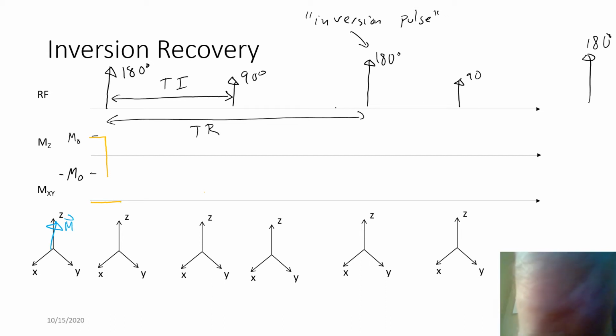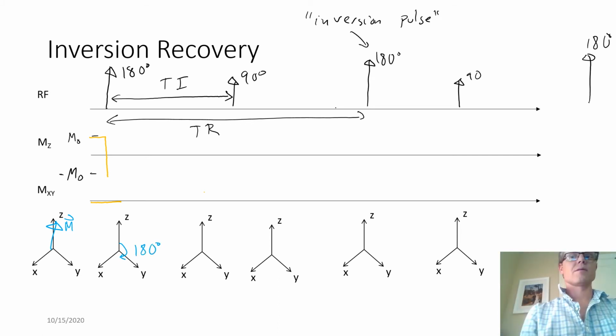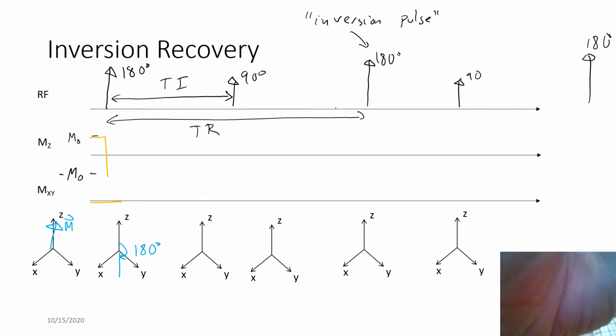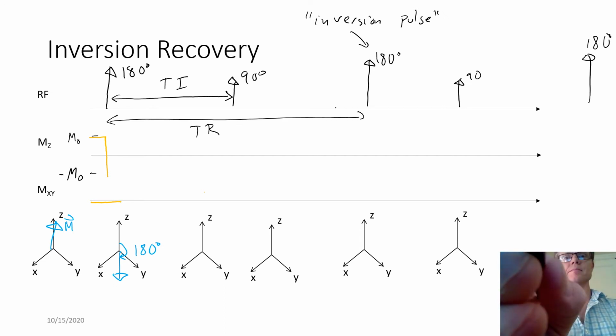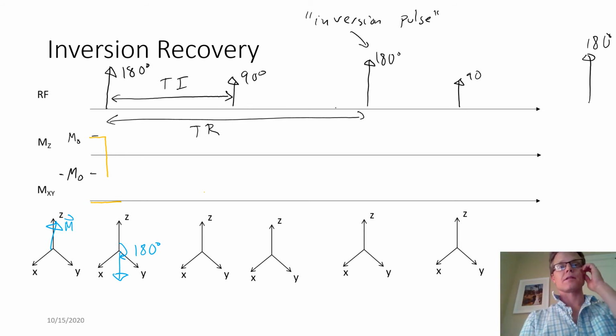We're going to go from net magnetization pointing along the positive z-axis to net magnetization pointing along the negative z-axis. That's going to be the effect of this RF pulse.